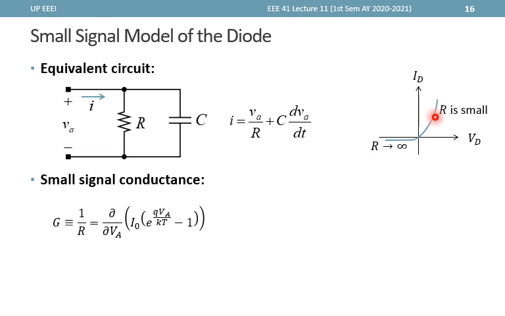At this portion slope is high, G is high, so R is small. Now if we perform the derivative, then the derivative of negative I naught is 0. So we're left with the derivative of I naught e to the q VA over kT. So we get the same expression here, but by chain rule, we get this additional factor at the denominator, kT over q.